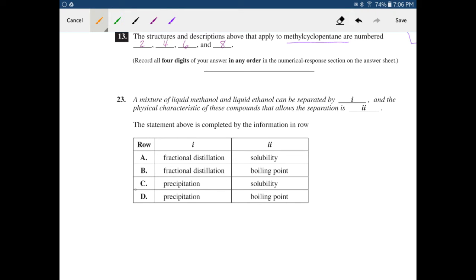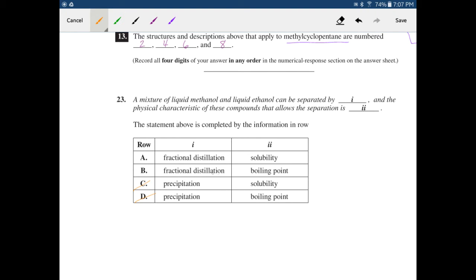So precipitation doesn't really sound too consistent with what we have done in organic chemistry. However, we know from our lesson on separating organic compounds in refineries that fractional distillation is a process where we have separation of organics, and it can be liquids or gases that separate at different heats, which is all to do with boiling point.